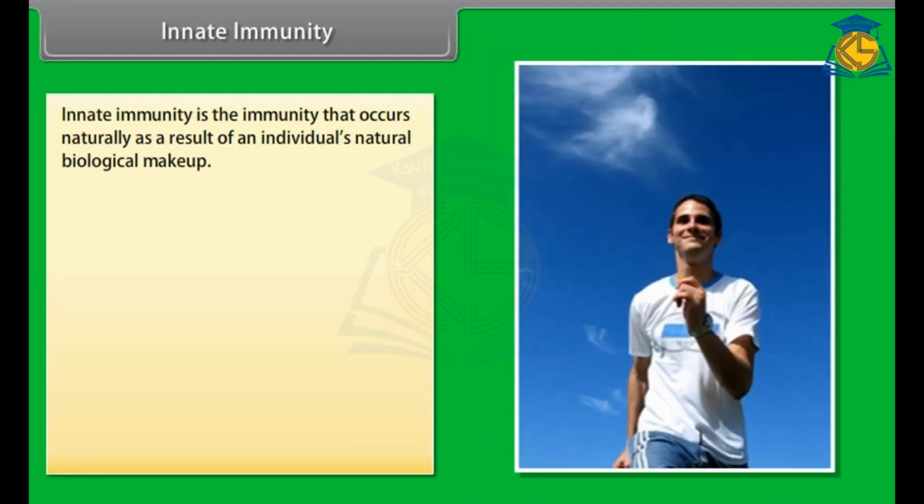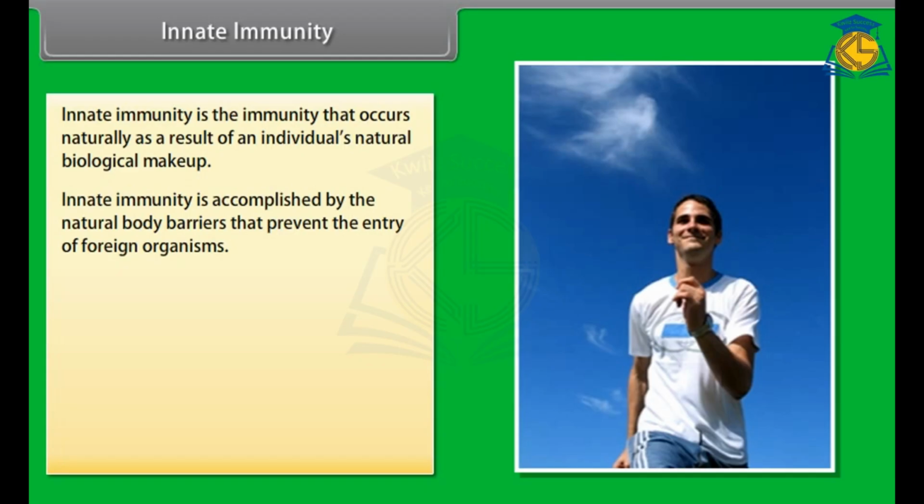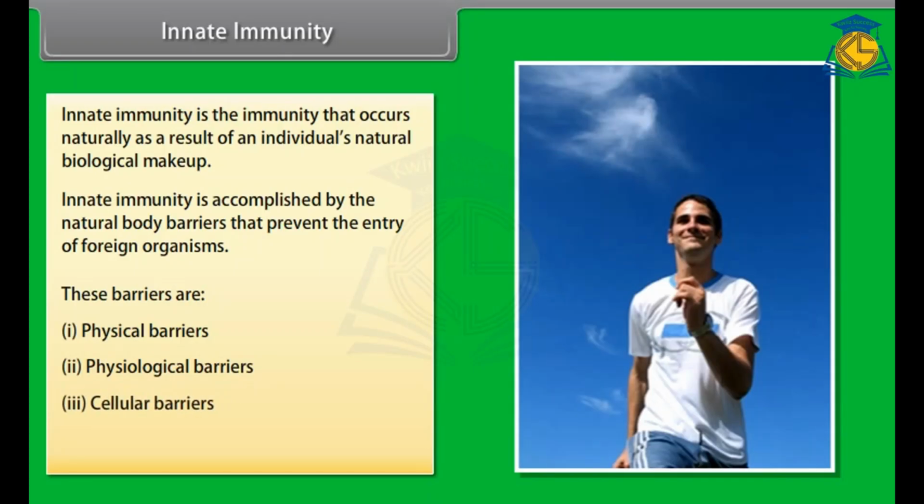Innate immunity is the immunity that occurs naturally as a result of an individual's natural biological makeup. Innate immunity is accomplished by the natural body barriers that prevent the entry of foreign organisms. These barriers are physical barriers, physiological barriers, cellular barriers, and cytokine barriers.